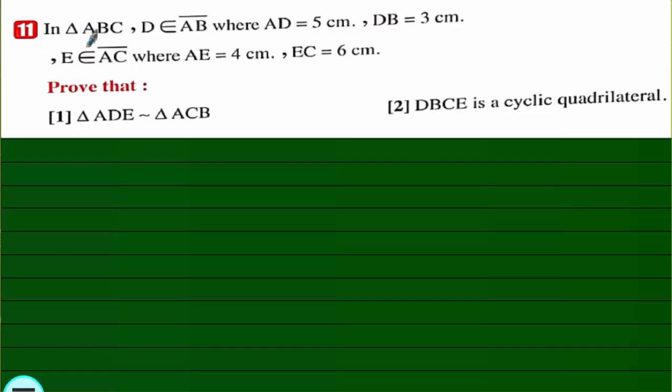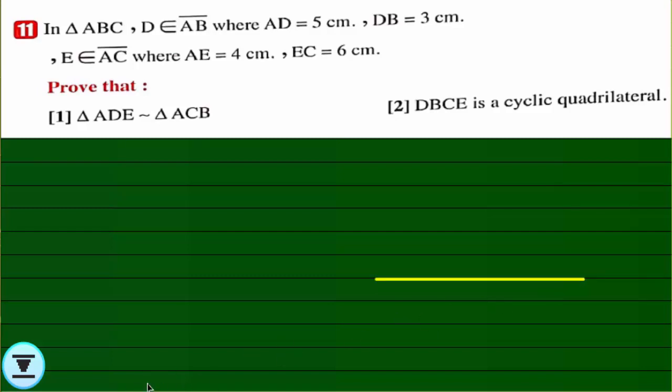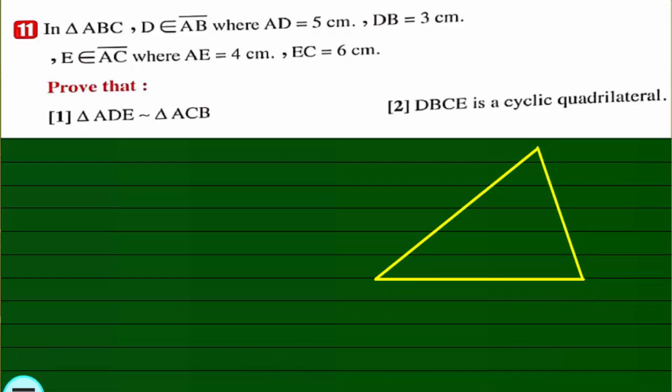Question number 11. In triangle ABC, D belongs to line segment AB. So first I'll draw the triangle. Here we have triangle ABC, and we call it ABC.